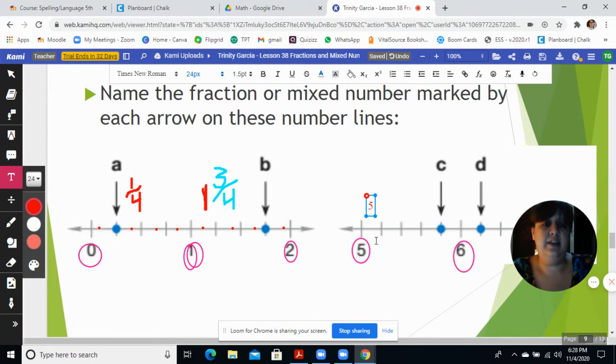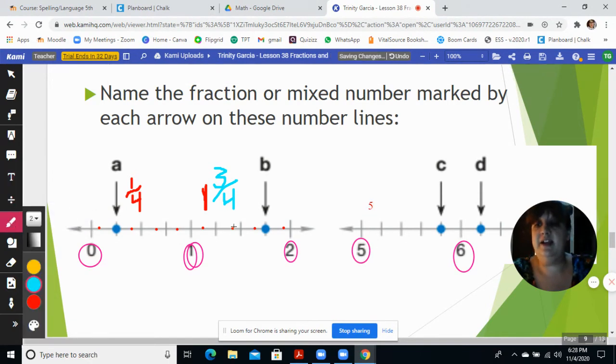And then we see how many sections we have. 1, 2, 3, 4, 5. This time we have 5, so our denominator needs to be 5. And we know that this blue dot for C is 1, 2, 3, 4 sections over. So 5 and 4 fifths. Good.